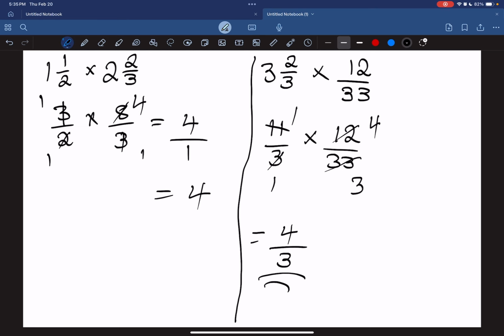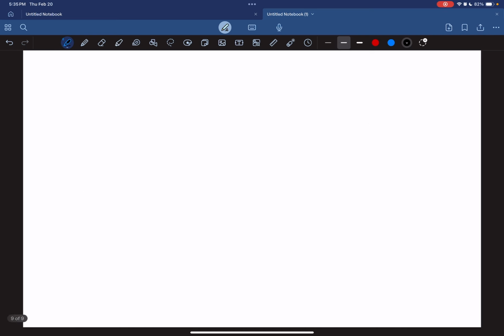So, alright, we can look at more examples. We have 5 over 12 times 4 and 2 over 3. We know that we cannot do anything to this as yet, so we're going to change the mixed number: 4 times 3, that's 12, and 2, that's 14.